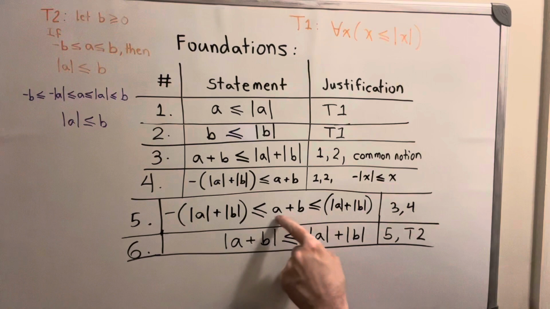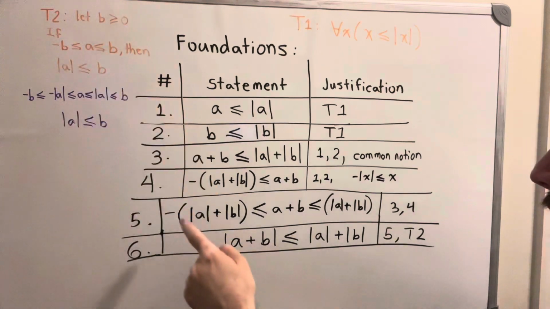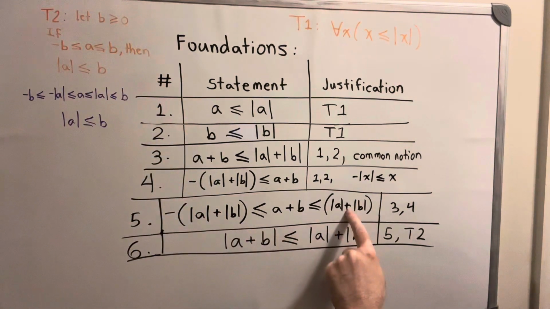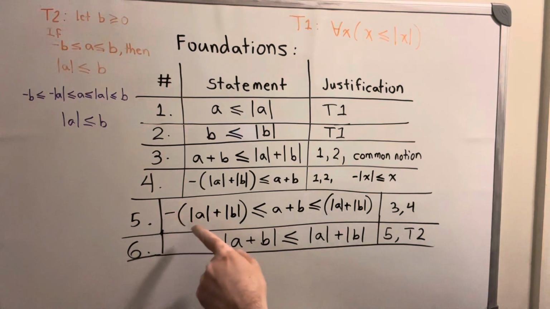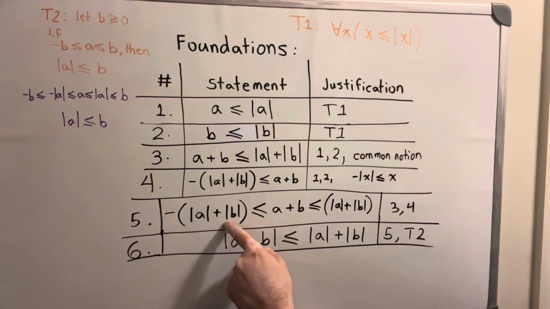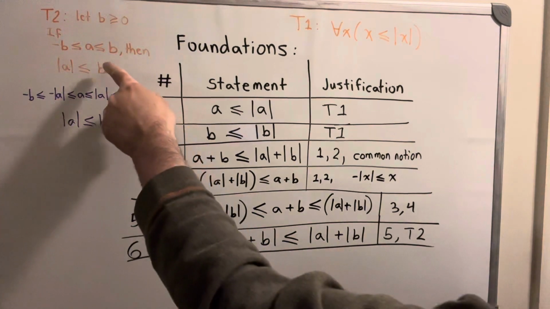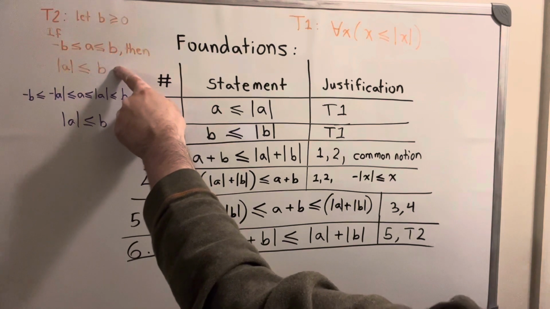In this case, this thing in the middle is like this A. And you can see this and this are the same thing, but this one has a negative in front of it. So in this case, absolute value of A plus absolute value of B is like the B in Theorem 2.